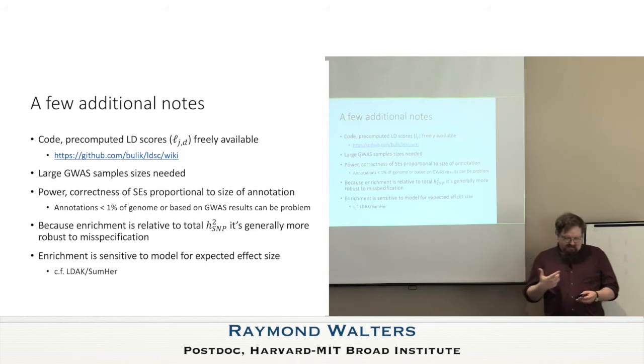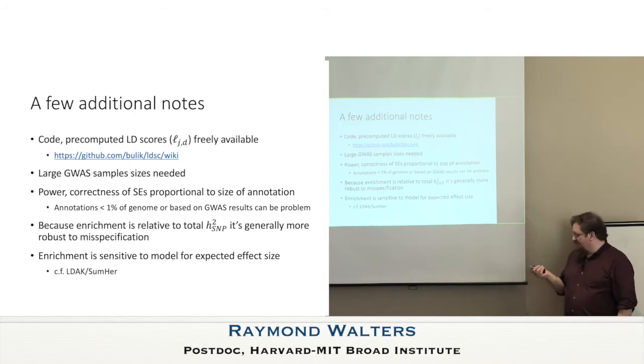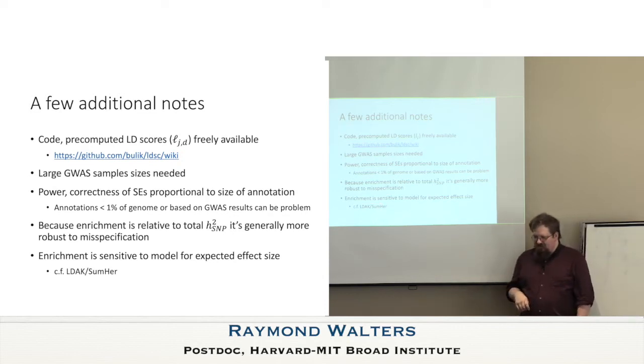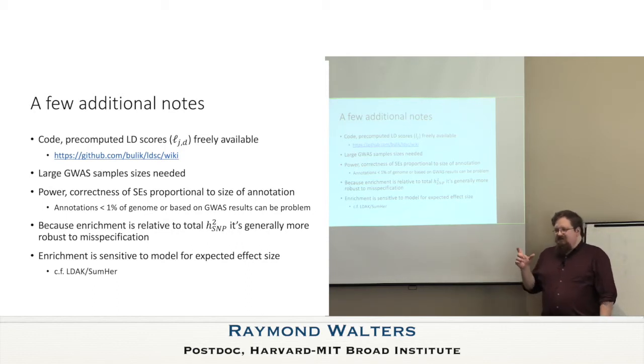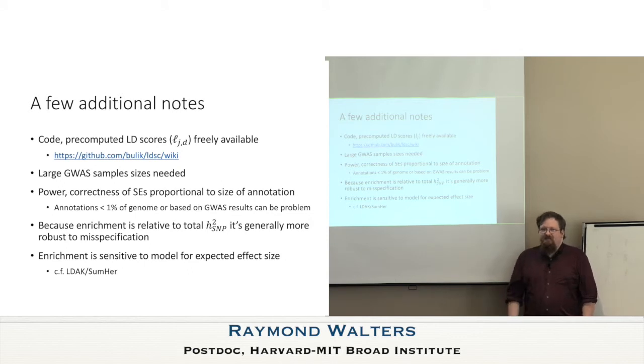In particular, this has shown up in the literature: there's another set of methods that branches a bit more directly off of GCTA, though the SumHer method is at least a little closer to LD score, that makes different assumptions about what the distribution of effect sizes might look like in relation to LD block structure.